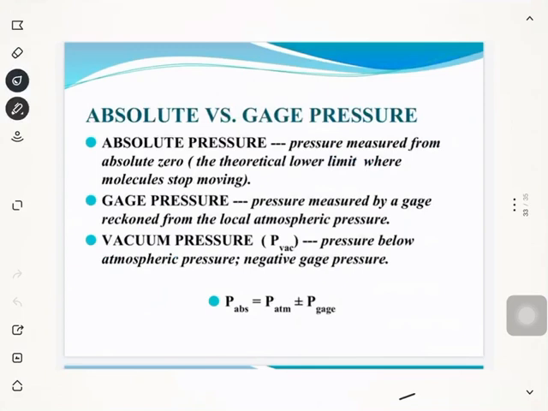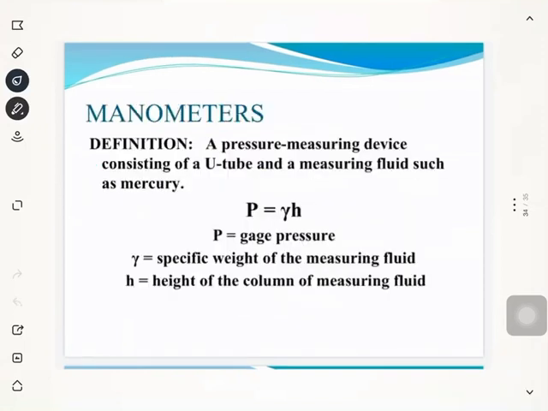So to calculate the absolute pressure, this is equivalent to atmospheric pressure plus gauge pressure. So it is negative if it is vacuum pressure. That's why we have the plus minus sign here.